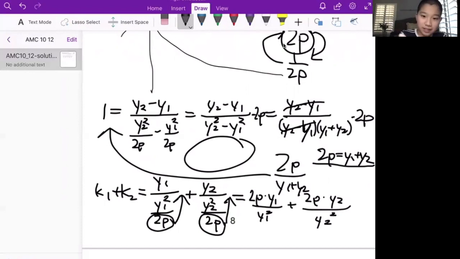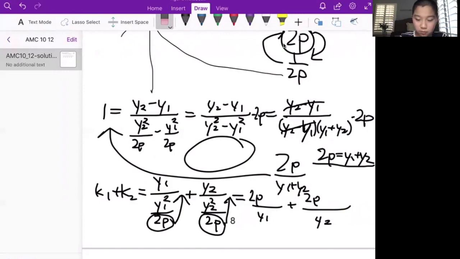So then we can cancel out the y1 on the numerator and the denominator, and then same thing with y2. So we're left with 2p over y1 plus 2p over y2.